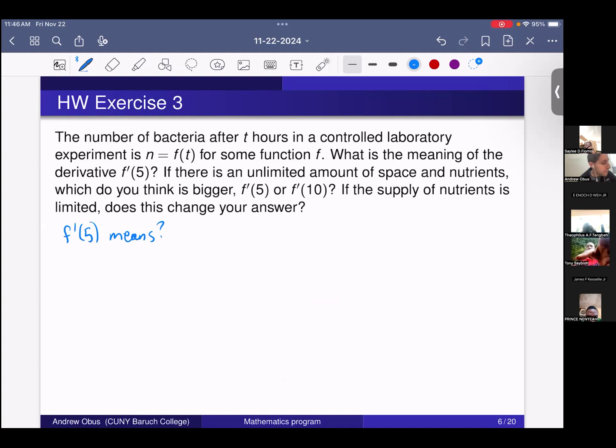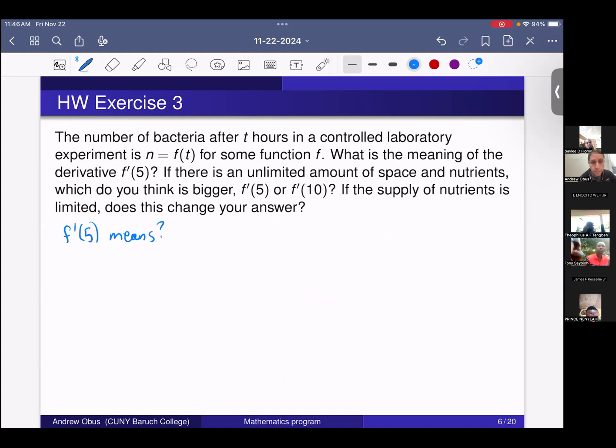We're given the number of bacteria after T hours, and the function is N equals F of T, which means the value depends on the value of T. So if you see F prime of 5, it means that the function N was differentiated for the first time, and you inserted 5.